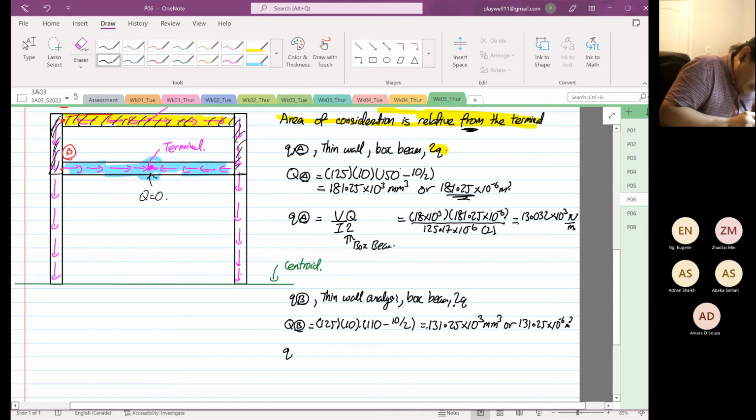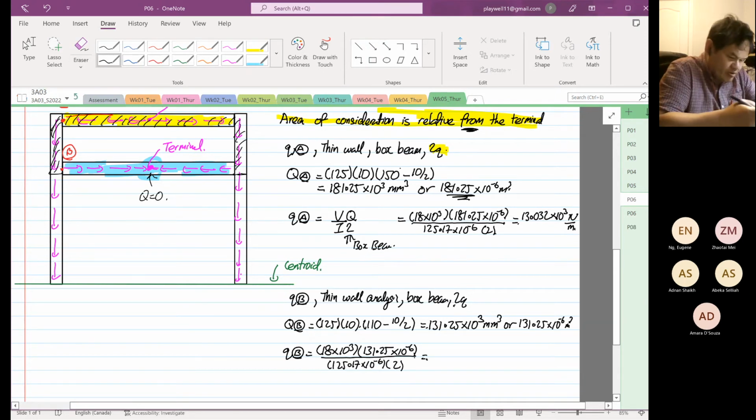So the Q at B now is equal to 18 times 10 to the power 3 multiplied by 131.25 times 10 to the power minus 6, divided by I, which is 125.17 times 10 to the power minus 6, and divided by 2 because it's a box beam.